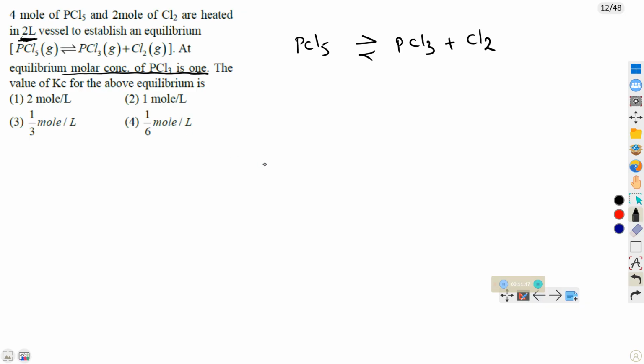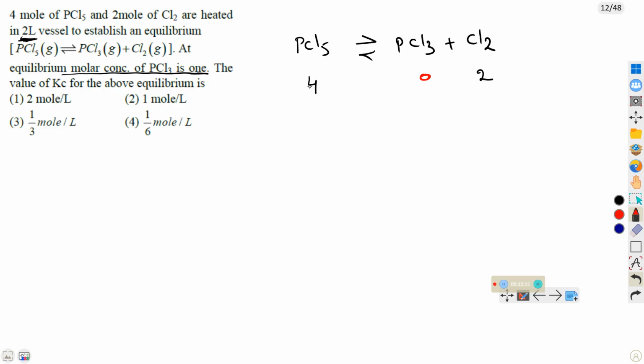The value of Kc for the above reaction is? What is given? 4 moles of PCl5, 2 moles of Cl2. PCl3 concentration is not given, so take it as 0. At equilibrium, the concentration of PCl3 is given as 1.